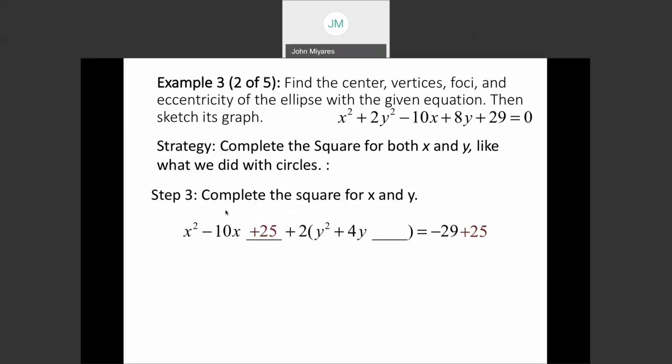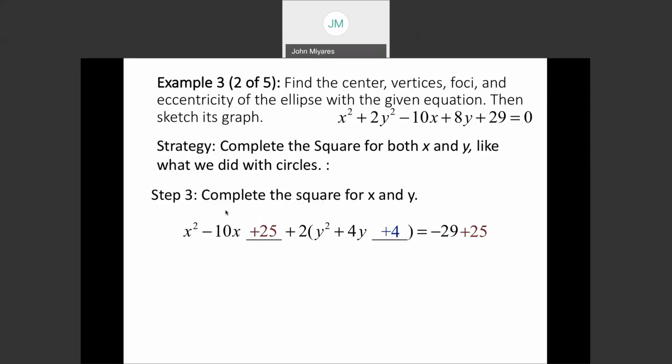Now, with the y terms, it's a little different. When completing the square for the y's, we want to leave the lead coefficient 2 out of it. So we'll take half of 4, which is 2, and 2 squared is 4, and add 4 inside the parentheses. So we'll have y squared plus 4y plus 4 inside the parentheses.